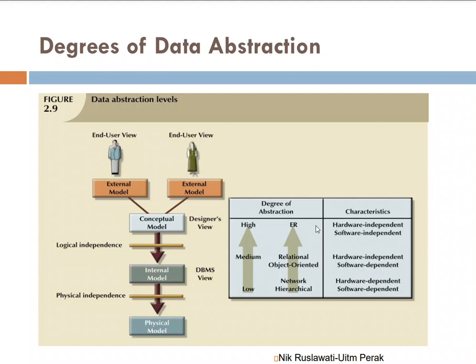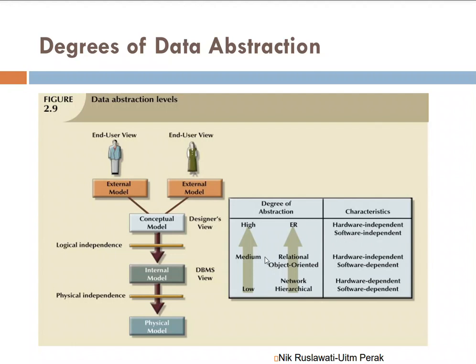Okay, maksudnya pada peringkat high level of abstraction, it is hardware independent. Maksudnya dia tidak bergantung kepada hardware dan tidak bergantung kepada software. Okay, dia just representation dalam bentuk yang paling high level abstraction. Maksudnya data model tu dia represent dalam bentuk yang paling simple.